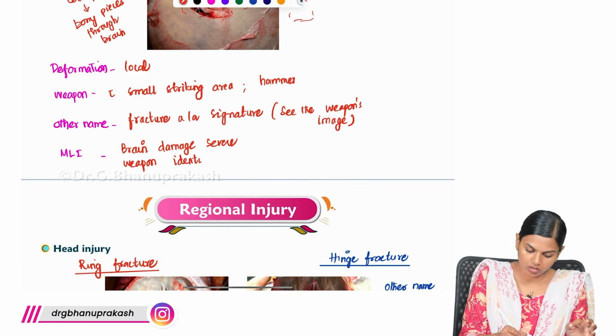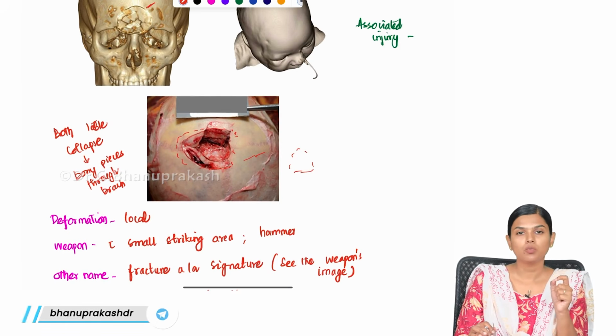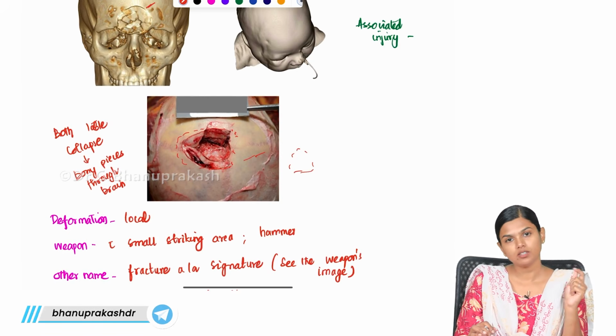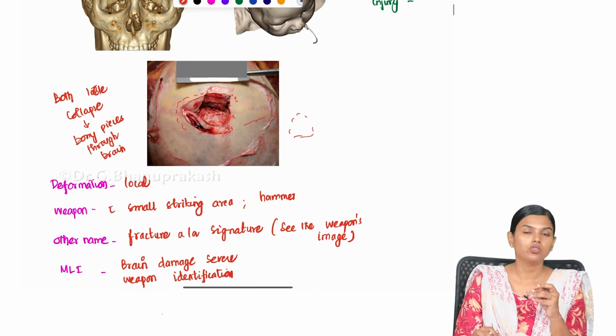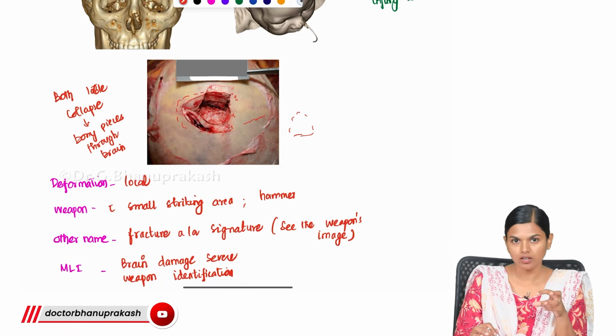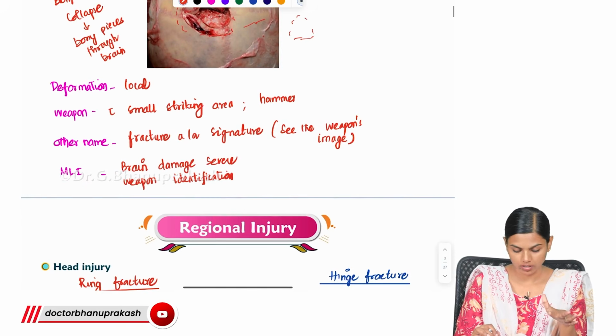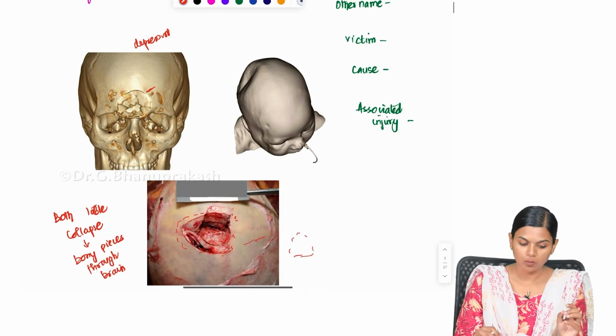So with a depressed fracture, you have a weapon with a small striking surface hitting the skull, pushing both the inner and outer table inside the vault, and those pieces of the skull will hit the brain, causing injury to the brain tissue. That striking surface will leave a mirror image in the skull, which we call signature fracture. And the medico-legal importance is that you will be able to identify the weapon that caused the skull fracture. So this is the thing about depressed fracture.